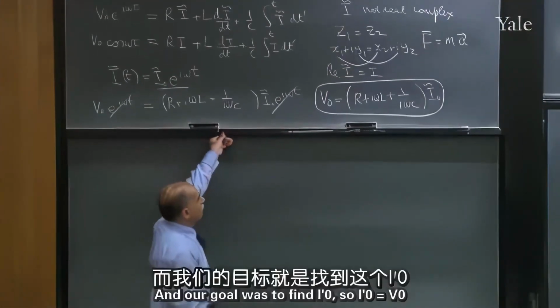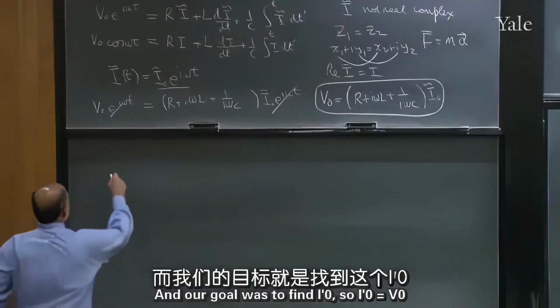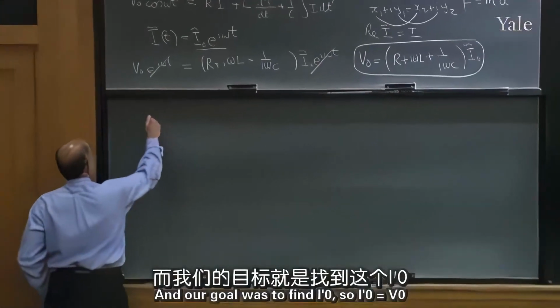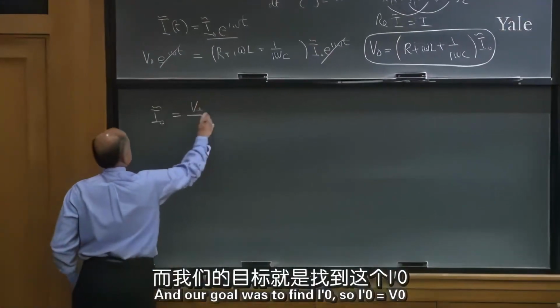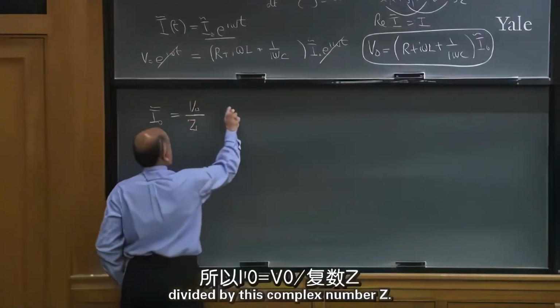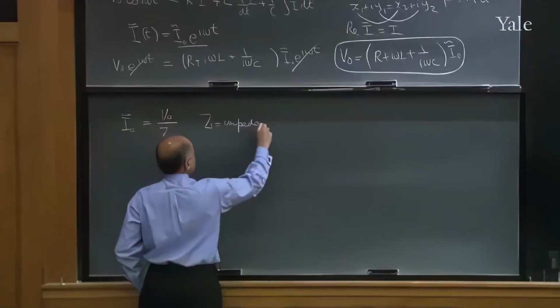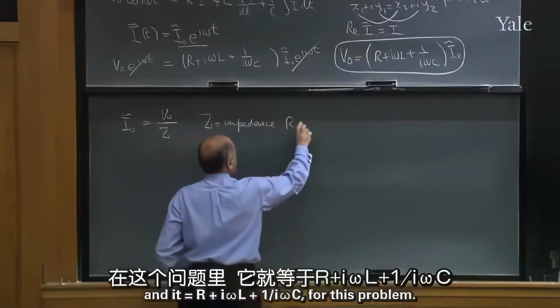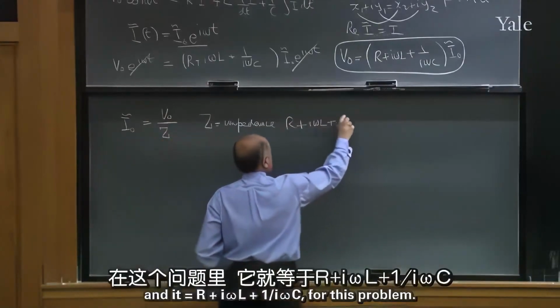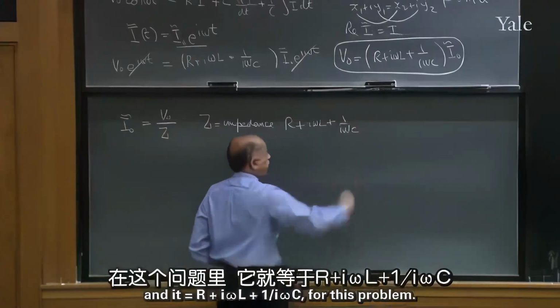And our goal was to find I0 twiddle. So I0 twiddle is equal to v0 divided by this complex number z. This complex number z is called the impedance. And it's equal to r plus I omega L plus 1 over I omega c for this problem.